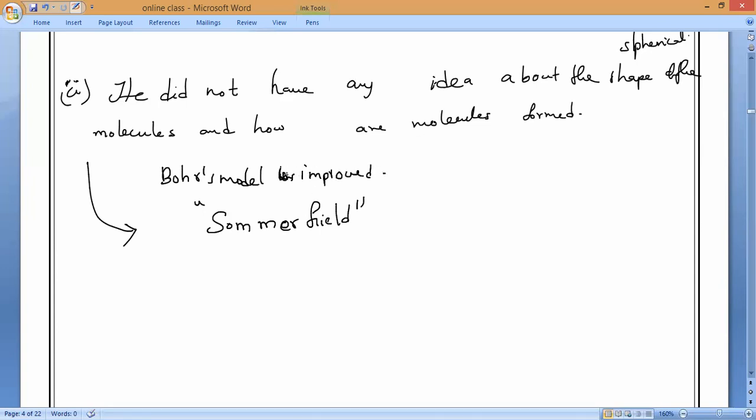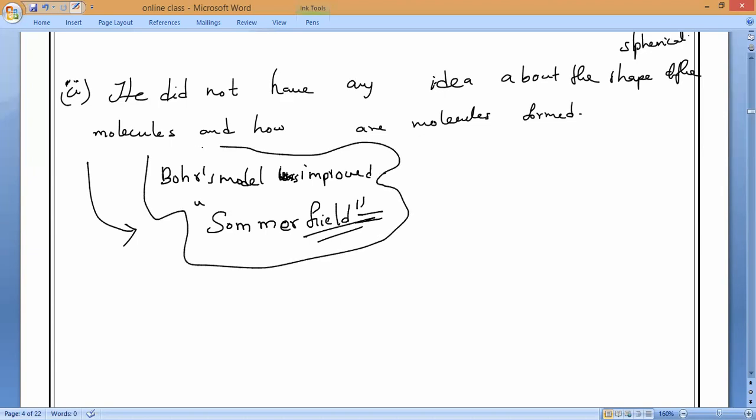Sommerfeld. Remember that. You will study Sommerfeld in higher classes. Just for general awareness, remember Bohr's model was improved by Sommerfeld.